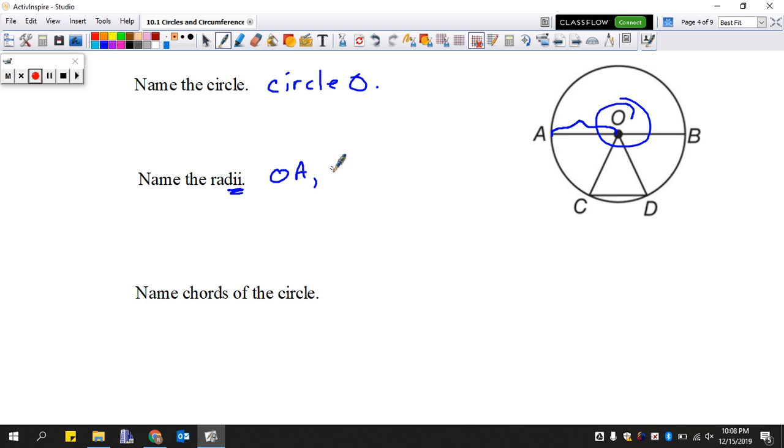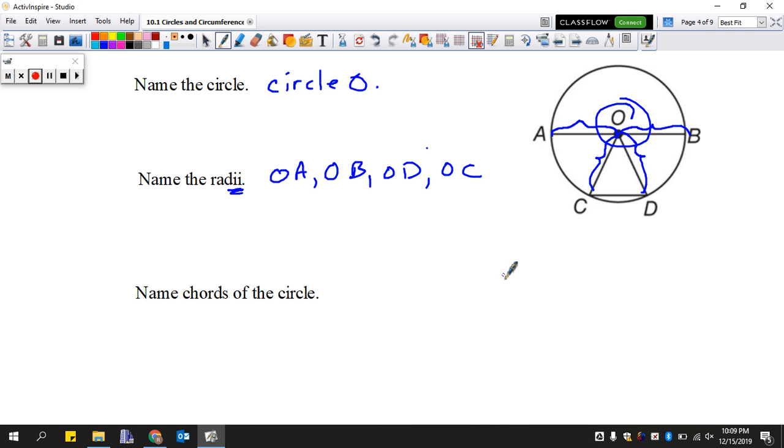We have OB from here to here. We have OD, and we have OC.